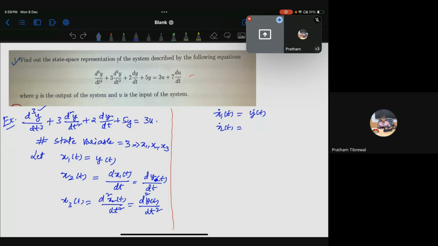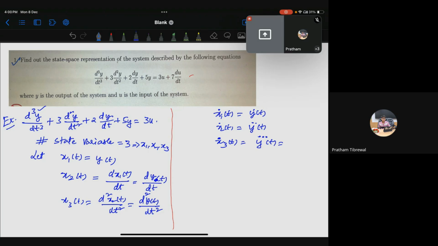That is y double dot. What is x3 dot? That is y triple dot.